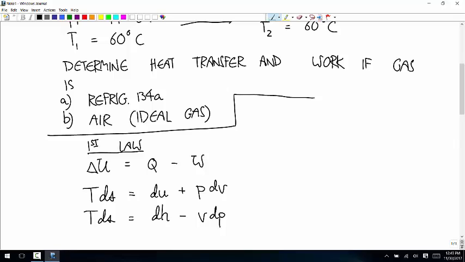Okay, so we know the starting and ending pressures. We don't know anything about the volumes. Well, we can look up anything because at the start and end point of this process, we can look up enthalpy, volume, all that stuff.